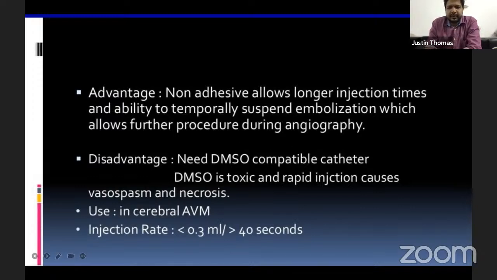But this DMSO should be compatible with the catheter, and more DMSO can cause toxicity, vasospasm, and necrosis.